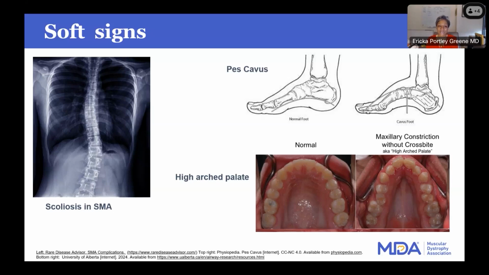So we see the signs that there was some inherent intrinsic problem with the development of the musculoskeletal system. And one soft sign is scoliosis. We call it a soft sign because by no means is scoliosis specific to neuromuscular disease. It's a condition on its own. But in the context of someone coming to you with fatigue, weakness, falls, and imbalance, it's something that we pay attention to and we measure.